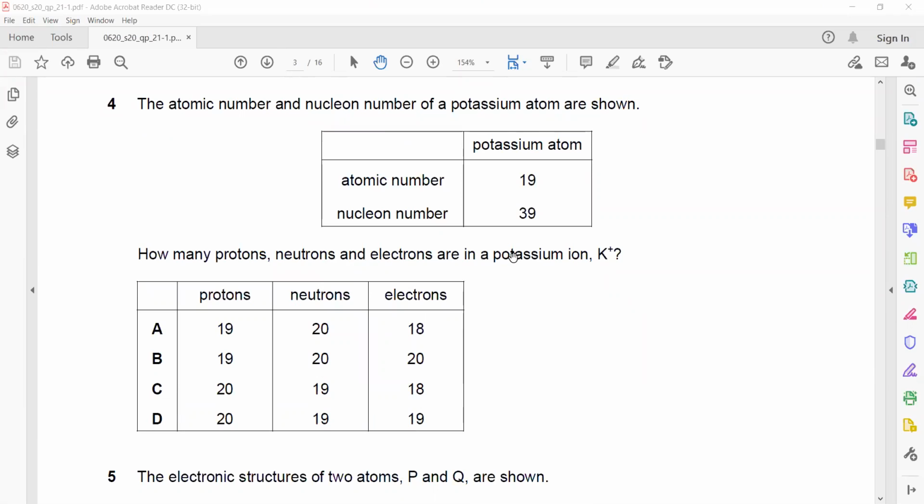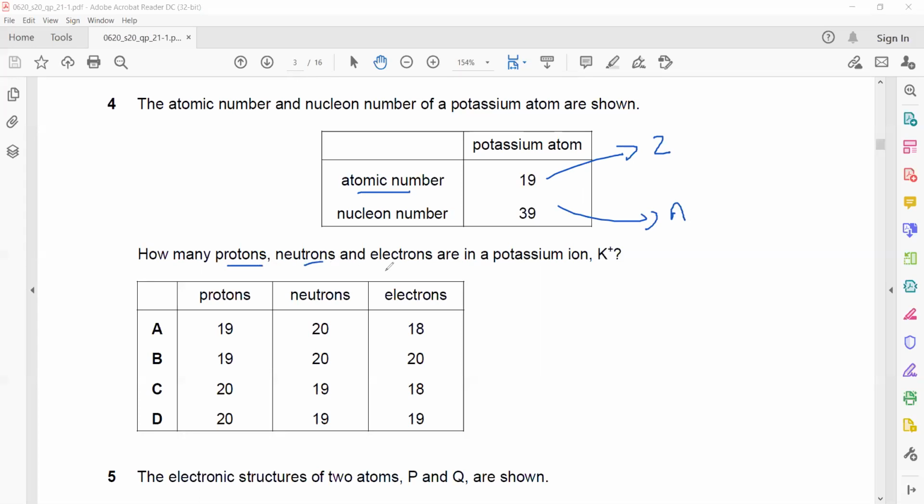Question 4. Atomic number Z is given, nucleon number A is given.